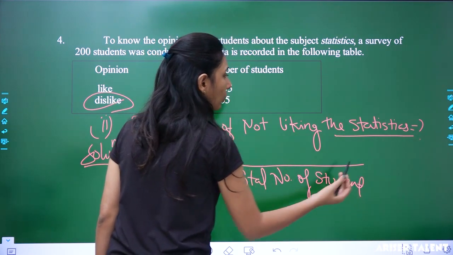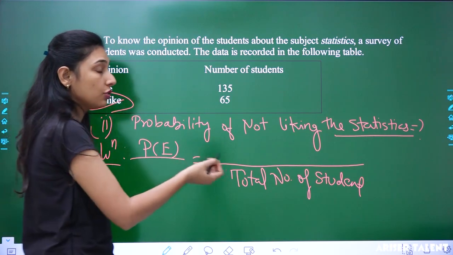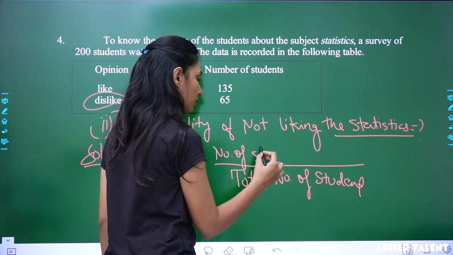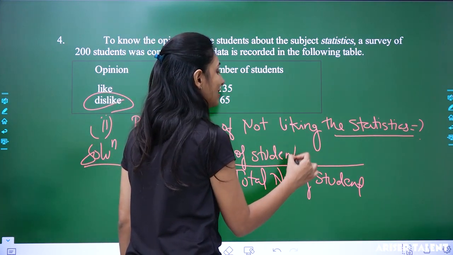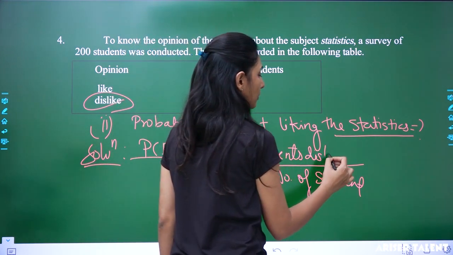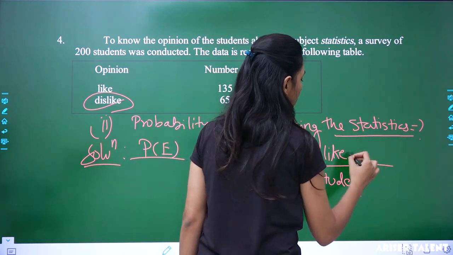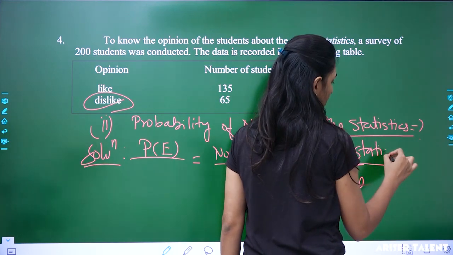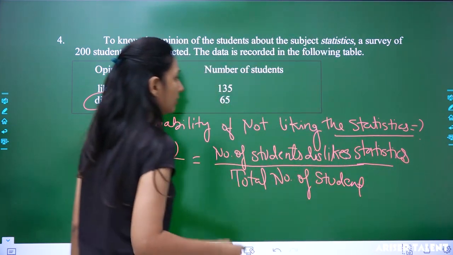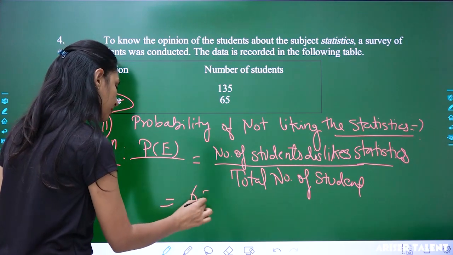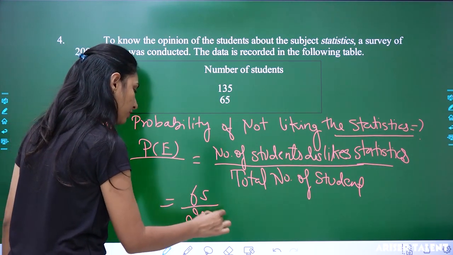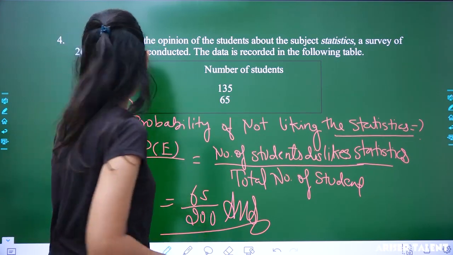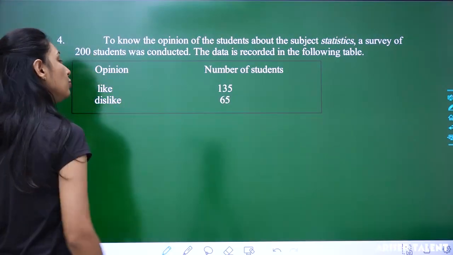And if we talk about not liking, that means disliking, so the numerator is going to be the number of students who dislike or do not like statistics, and this is going to be 65 by 200, and you are going to solve it further to get your answer in decimals. So here's your answer.